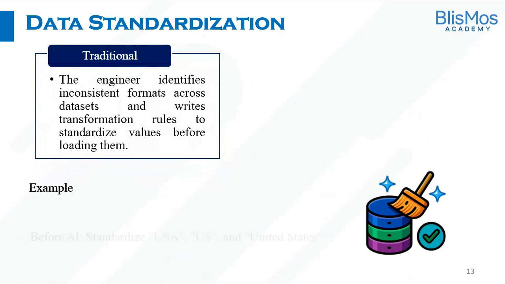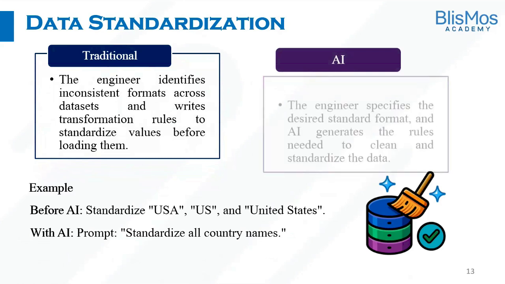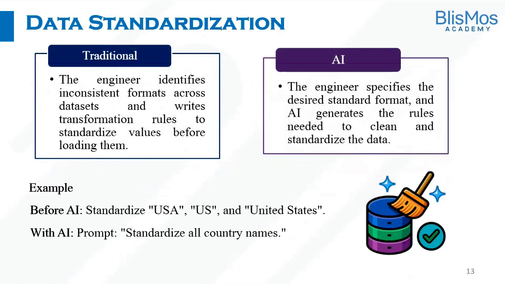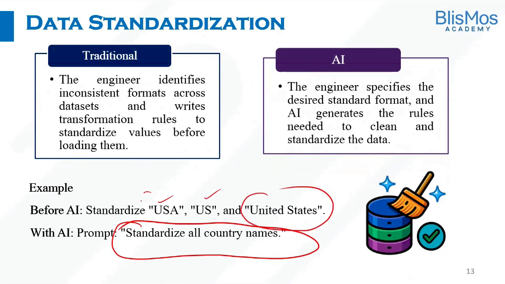So what a data engineer can do is specify the desired standard format or desired output format. AI will generate the rules needed to clean and standardize the data. For example, here you can say standardize all country names. That will standardize USA, US. Instead of three of these, one of them will be kept.